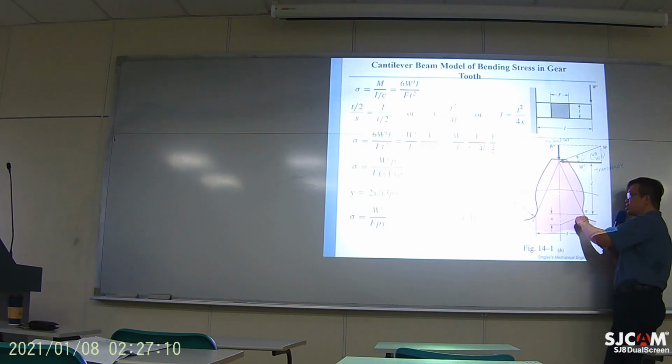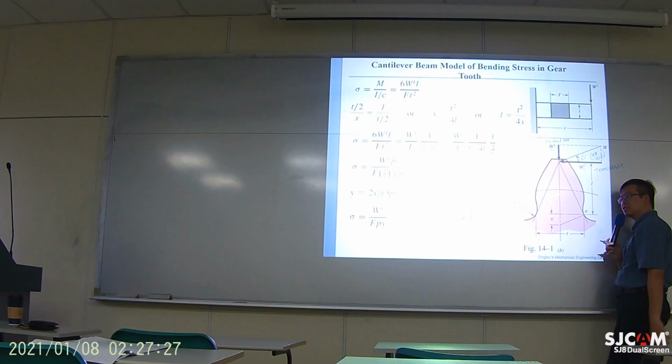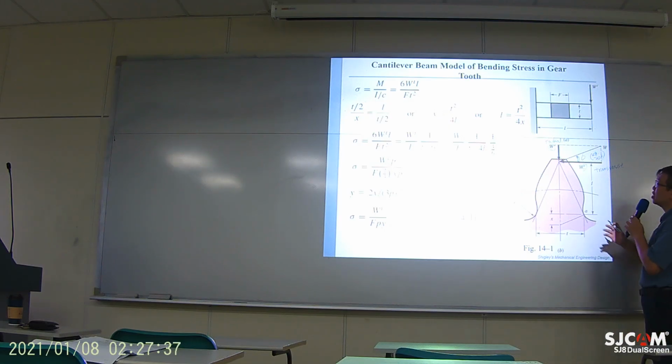From here, you can tell the shape of the tooth is very curvy. If you really try to study the stress distribution inside the tooth, it's very difficult because there's no general equation to derive it. There's one way to easily estimate the stress, which is shown in this particular slide.